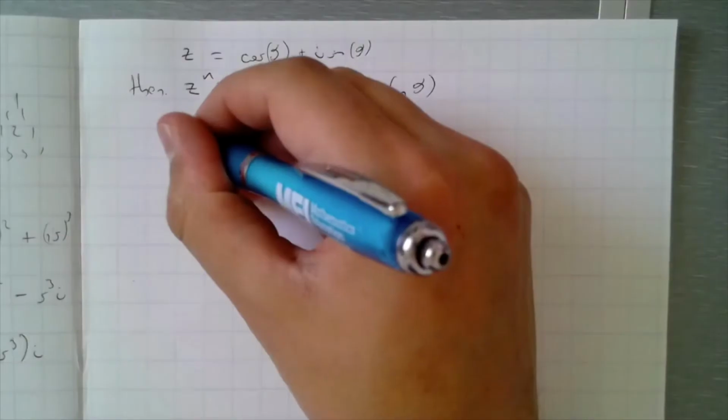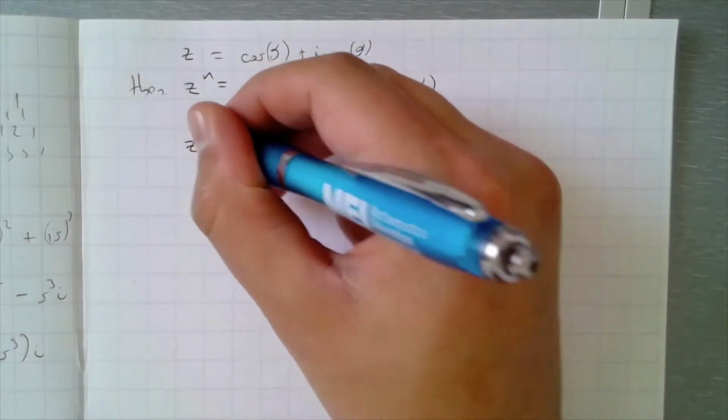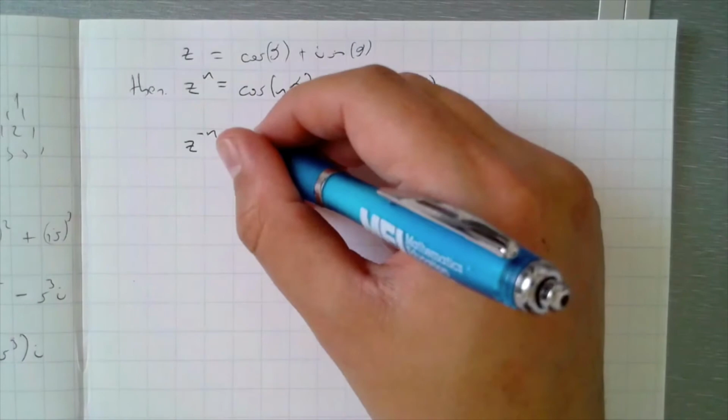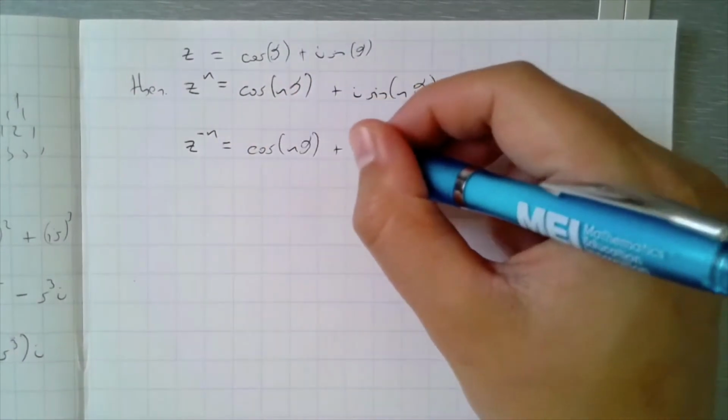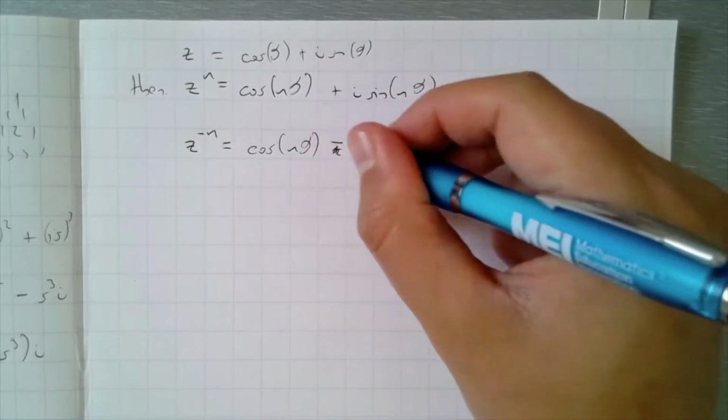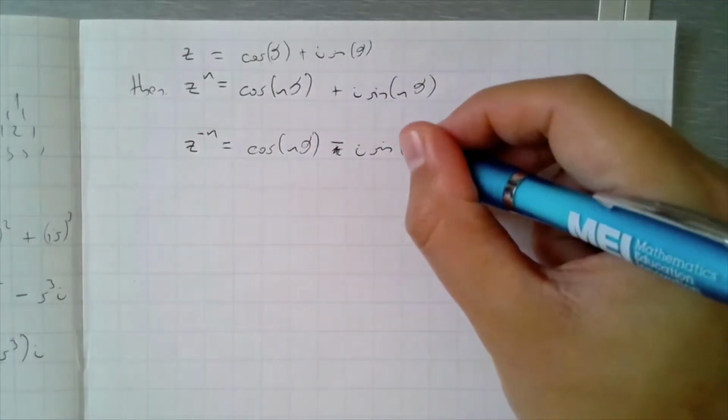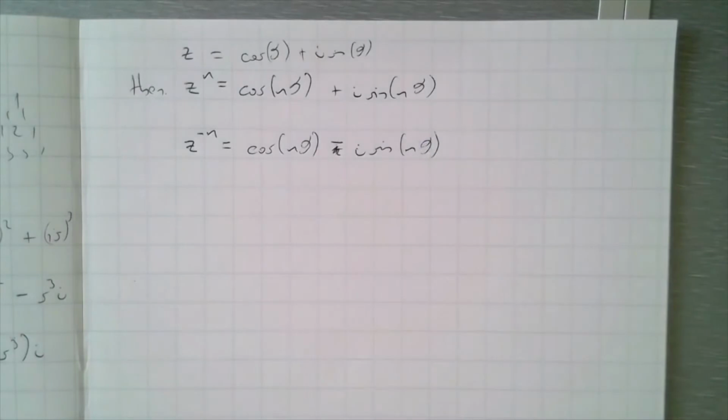And we've already seen that if I put a minus there, then this becomes this. That's just using the ideas of odd and even functions.